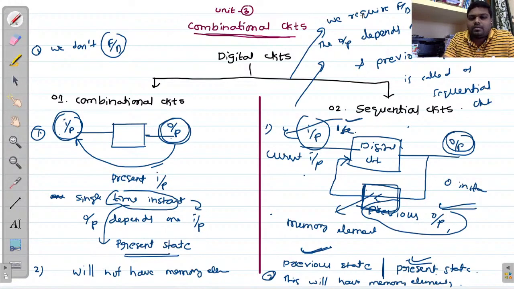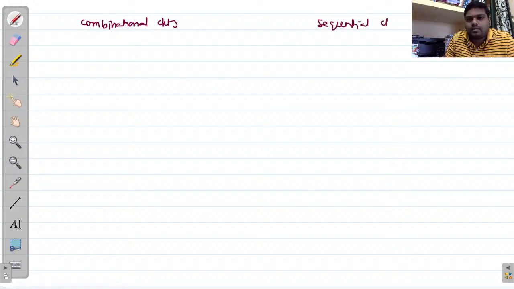Okay, and the next one. So here, combinational circuits and sequential circuits, we have some examples. Under combinational circuits, first, arithmetic circuits.